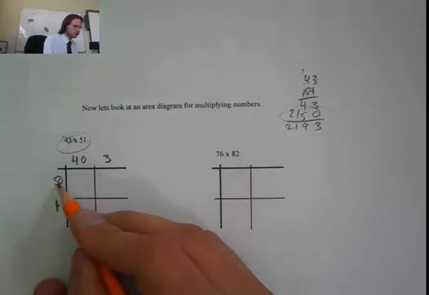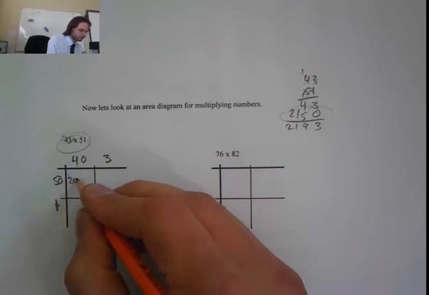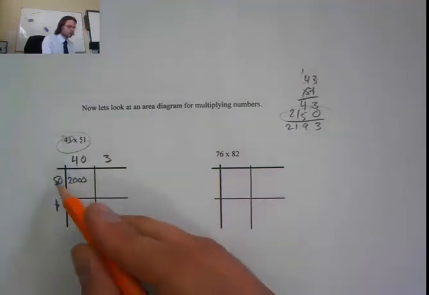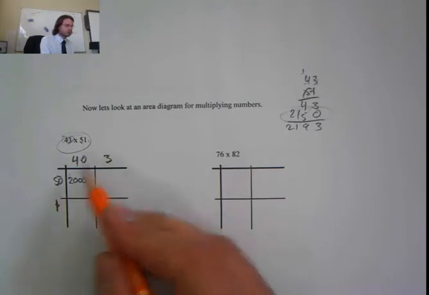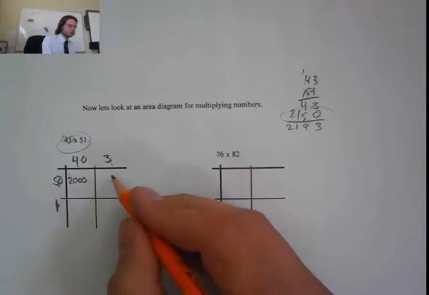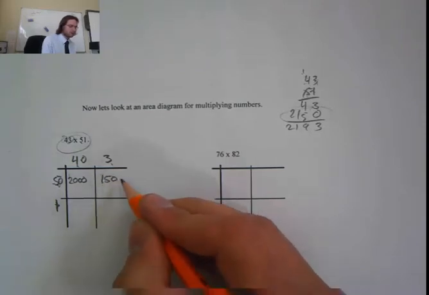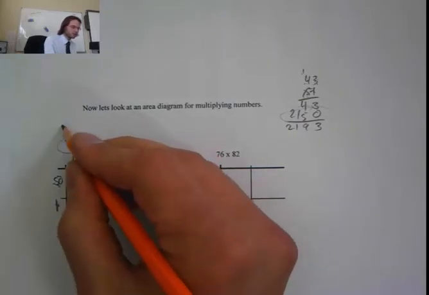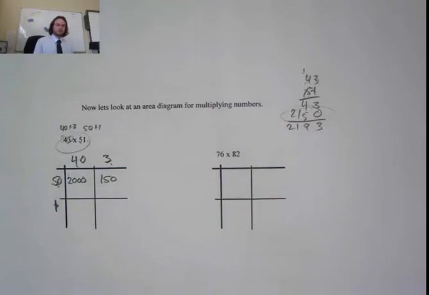So let's first start off. 50 times 40 is the same as 2,000. Okay? So I first did this multiplied by that. Now I'm going to go 50 multiplied by 3. So I'm doing the 50 multiplied by both of those. 50 multiplied by 3 is going to give me the same as 150. Okay? Because once again, this is really like 40 plus 3 and 50 plus 1, isn't it?